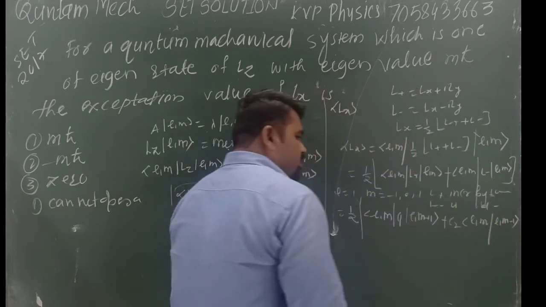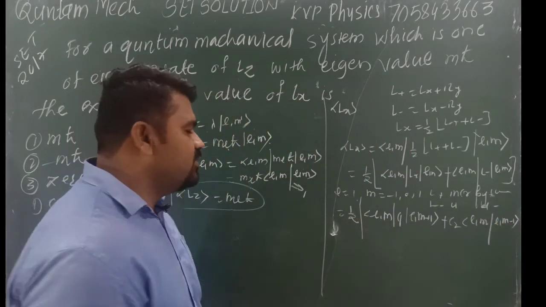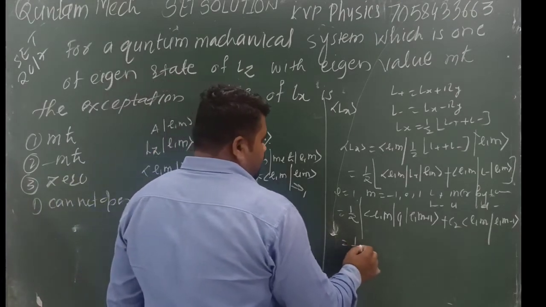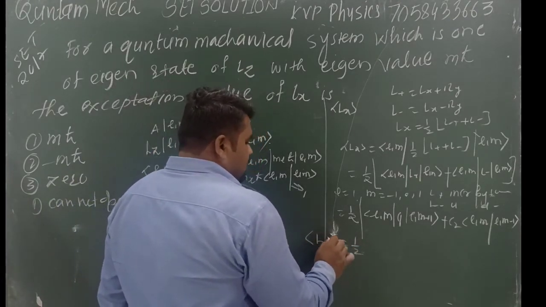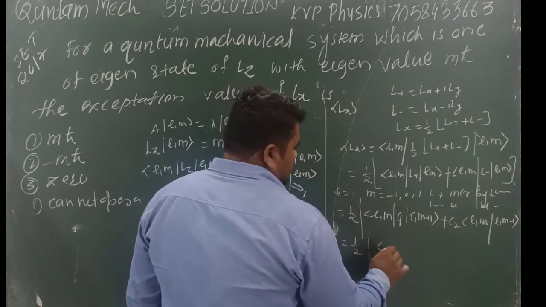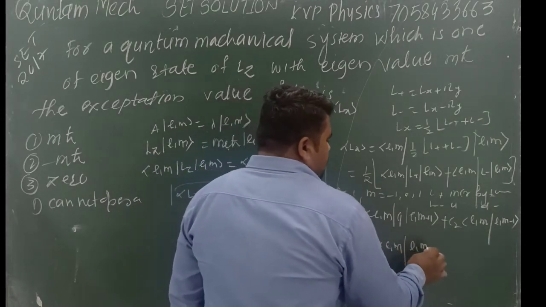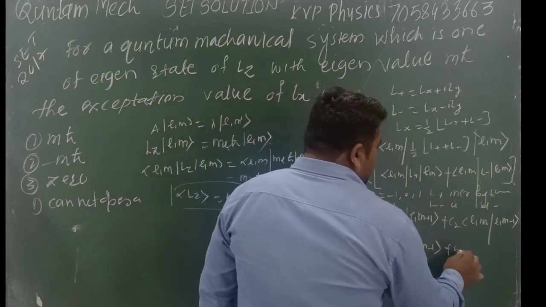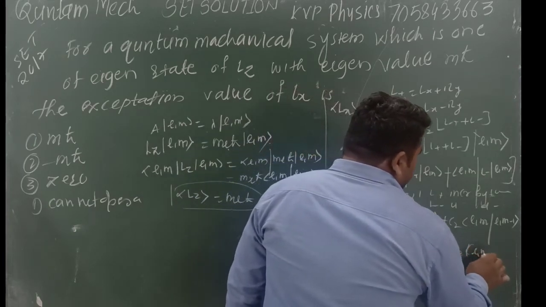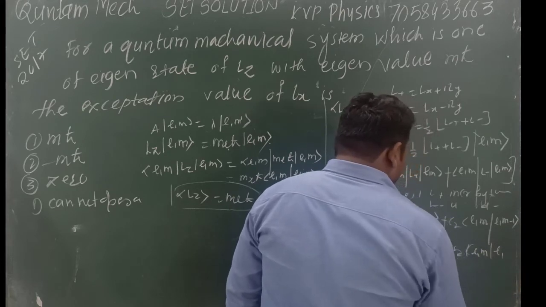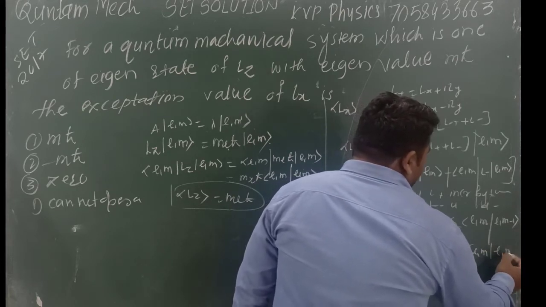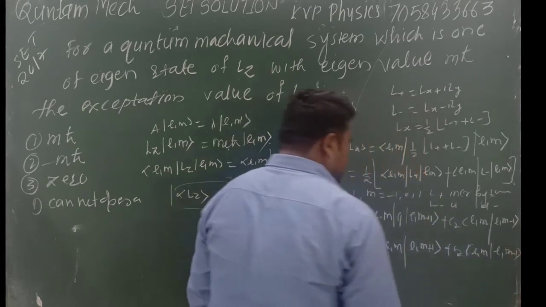Taking C1 common, the expectation of Lx is equal to 1/2 [<L,M|, <L,M|, C1 |L,M+1>, C2 |L,M-1>]. The first one is M plus 1, the second is M minus 1.